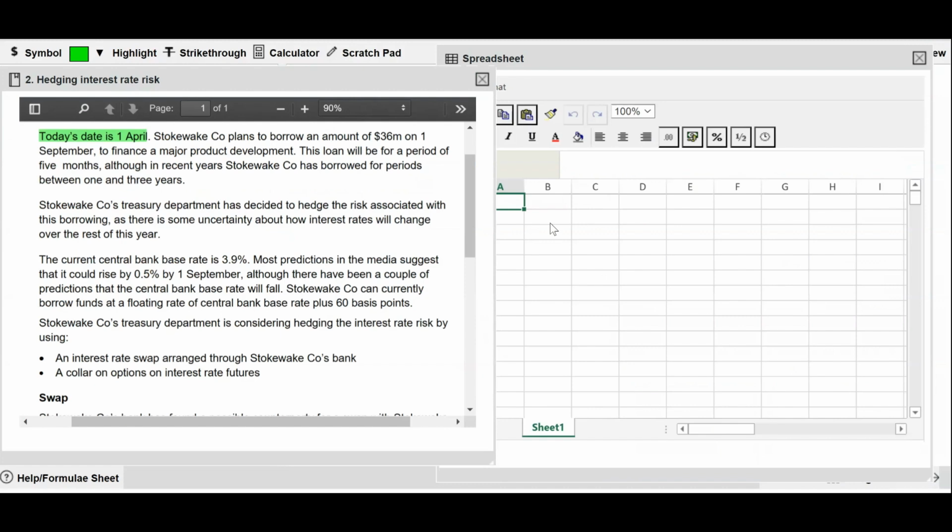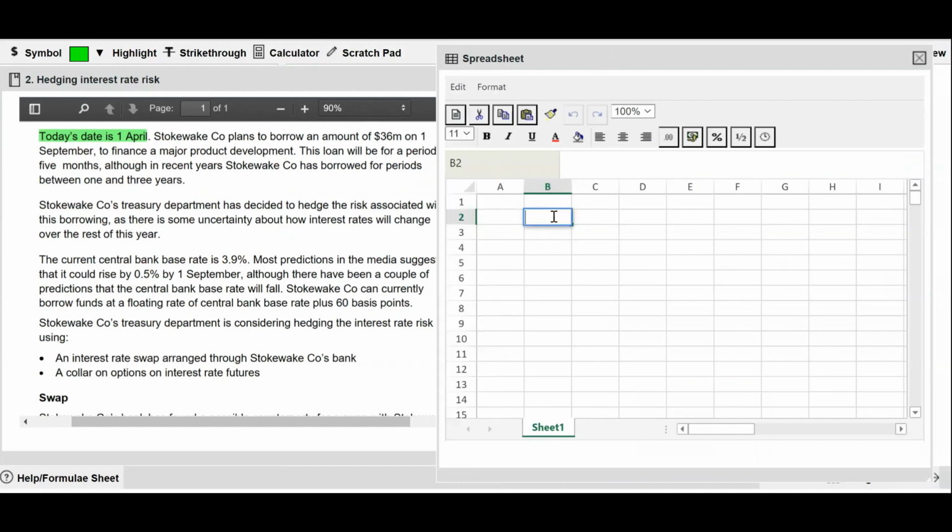The first point in the spreadsheet. What is point 1? That today is 1st April. Further, what is it? It says that it wants to borrow $36 million on 1st September, which means it is, what is it, after 5 months.